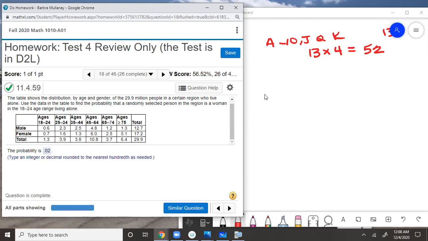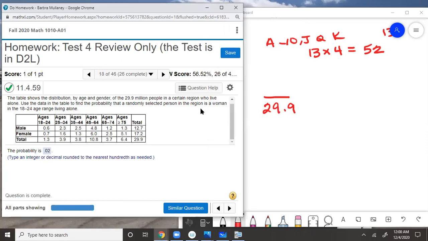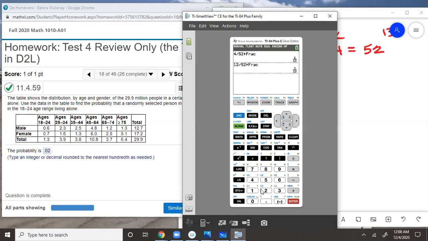So our total, which goes in the denominator, is this 29.9, and that's in millions. The probability that a person is a woman that is 18 to 24, I'm looking in the second row and first column, and that is 0.7. So 0.7 over 29.9.